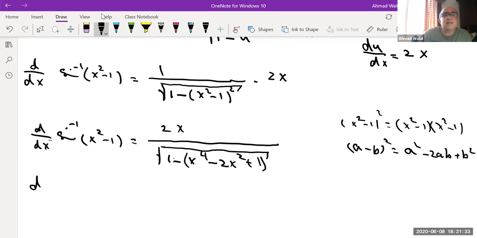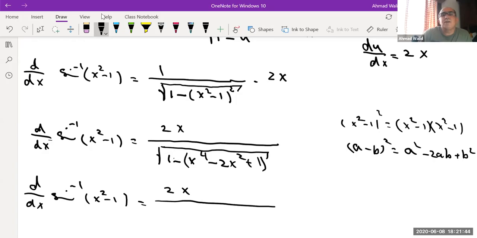Then I can say d over dx of inverse sine of (x squared minus 1) equals 2x over the square root of 1, distribute the negative inside, minus x to the power of 4 plus 2x squared minus 1. Negative 1 and positive 1 cancel out.